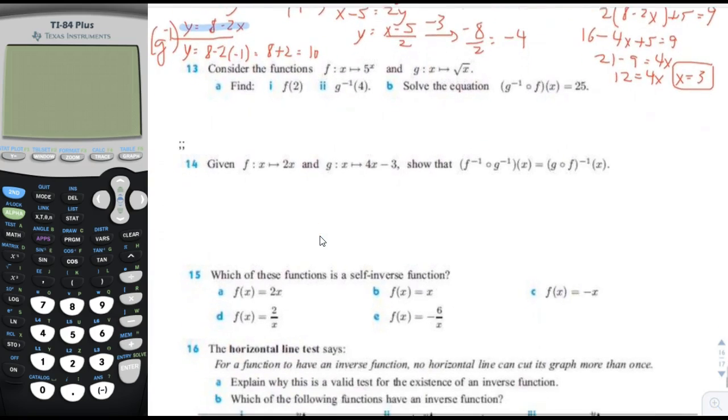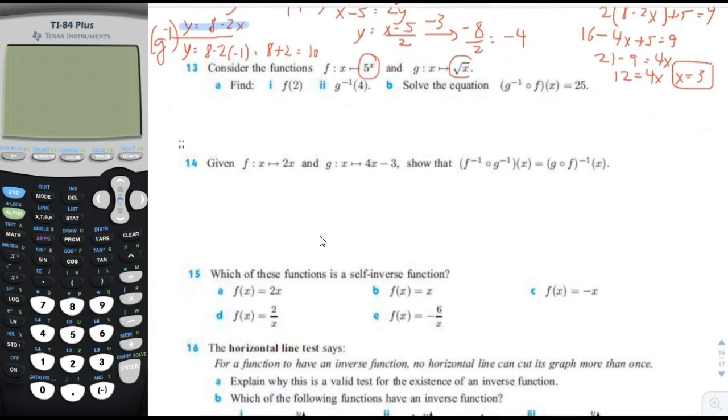13. Consider the function 5 to the x and square root of x. Now you're going to find 2 plugged into f, 4 plugged into the inverse function of g, and you're going to do that too. Okay, g inverse followed by f of x equals 25, and you're going to find the x value.